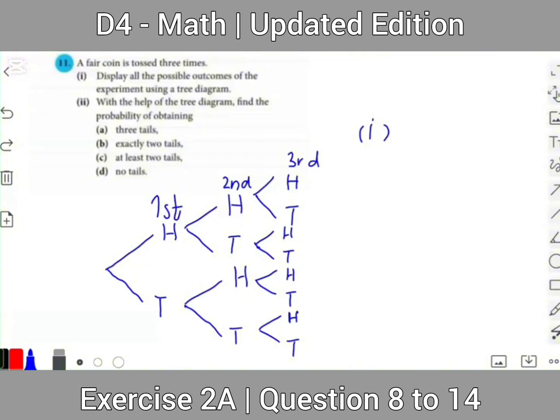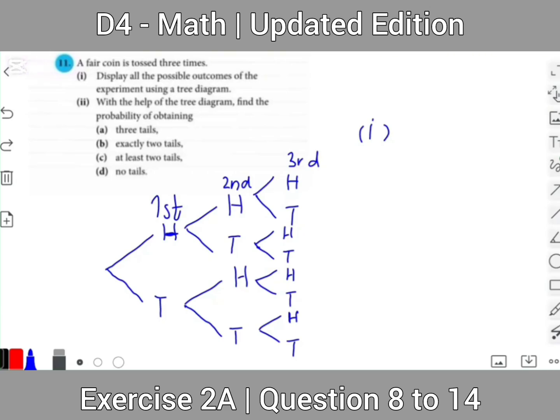Now in question 11, a fair coin is tossed 3 times. Display all the possible outcomes of the experiment using a tree diagram. When a fair coin is tossed, we have 2 outcomes, head or tail. So in the first toss, we draw 2 branches and write down head and tail at the end of these branches.